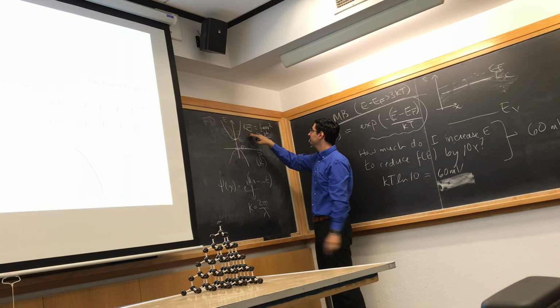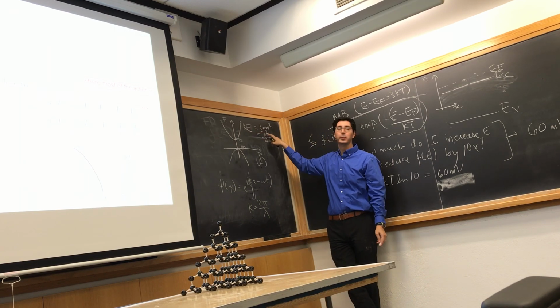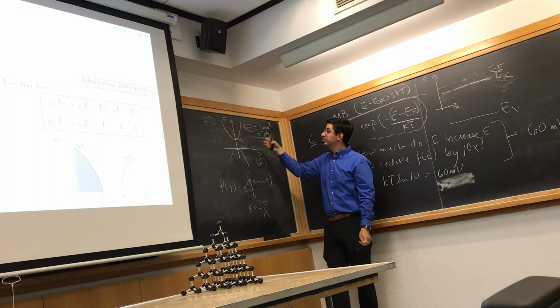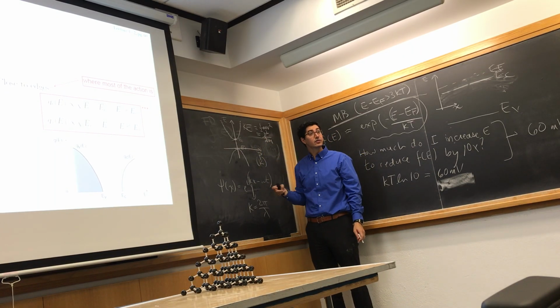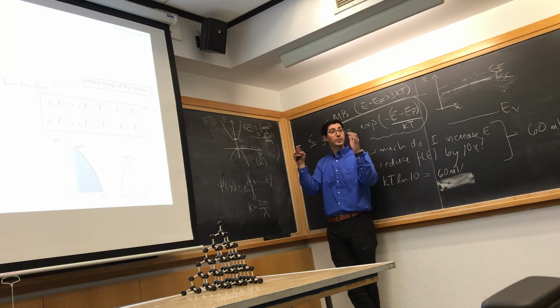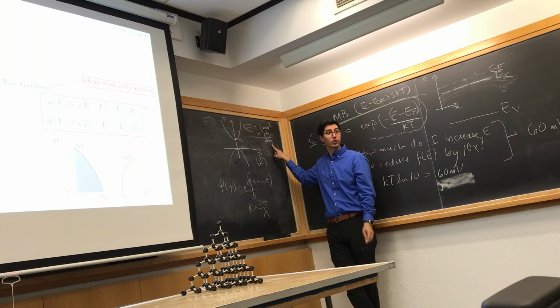Now, what should be the relationship between E and momentum? Squared. It should be a parabola. And indeed, it is a parabola, where the shape of that parabola is related to something that we classically would call the mass.